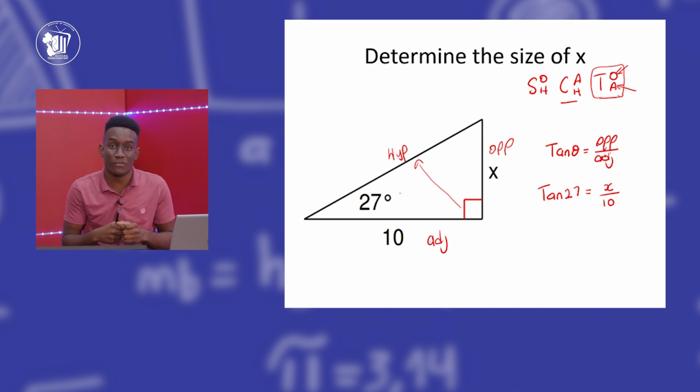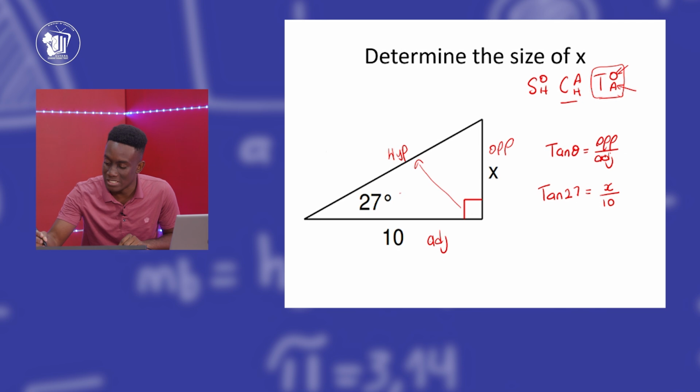In order for us to solve for x, all we need to do is get rid of this 10 that is dividing. So when we take that 10 over the equal sign, it will do the opposite of what it was doing, which is to multiply. So we'll have 10 multiplied by tan 27 is equal to x.